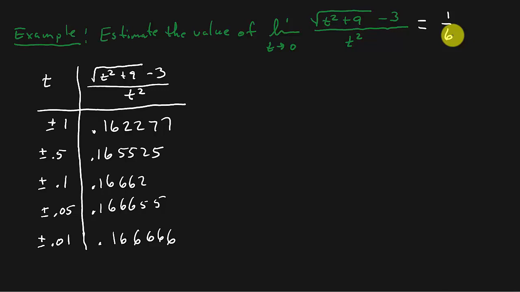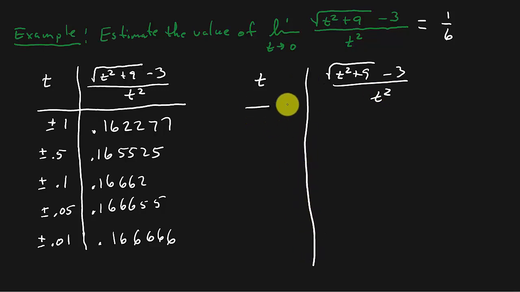That's what we're looking for. Well, if you do this, square root of t squared plus 9 minus 3 over t squared, I'm going to show you in this one why it's not really a good idea to use tables. And I've got a couple more examples where you'll see that too.